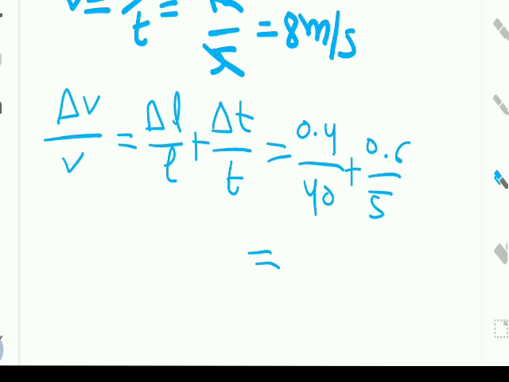Simplifying this, we get the answer 0.13.